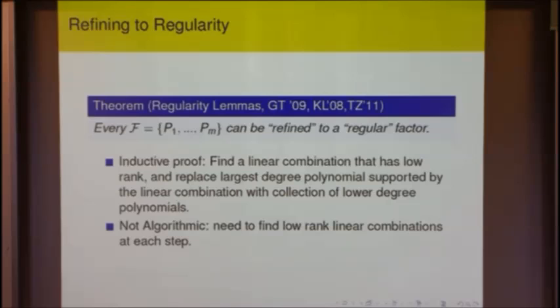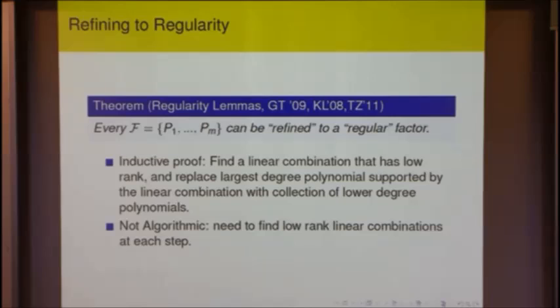If you think back to what we did for linear phase polynomials, there we could just use the definition of Fourier coefficients to get the decomposition into the sum of linear phase polynomials. But here we have to work in order to write a function as a function of polynomials in a regular factor.